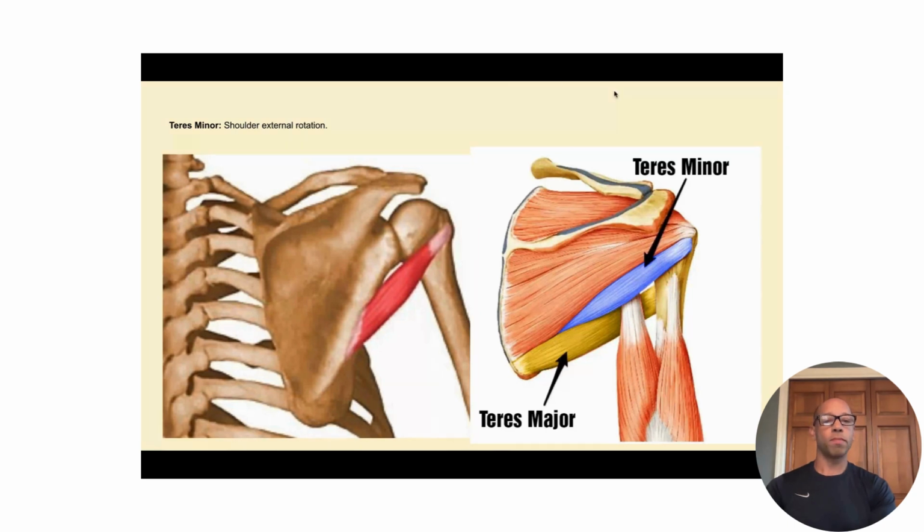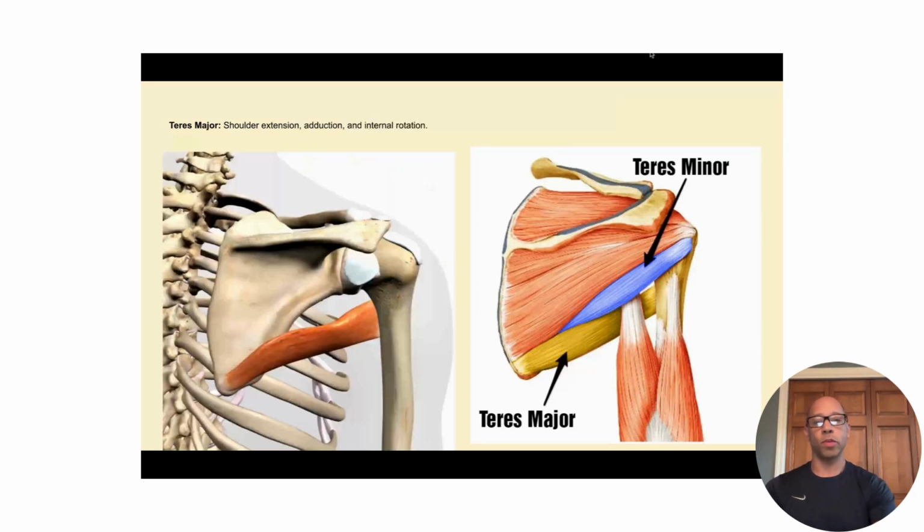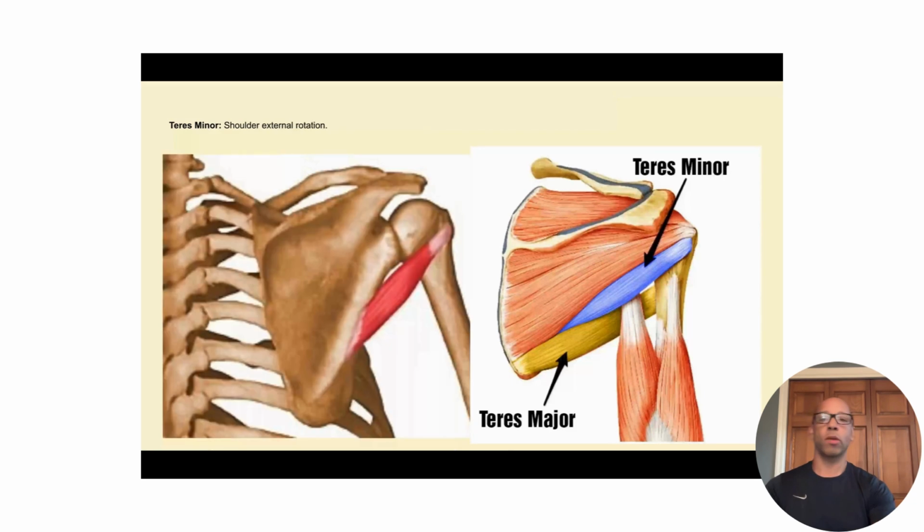And here's that teres minor. We just kind of flipped those. We started with the major, now we're talking about the minor. And the minor, again, does shoulder external rotation because it's attached to the back of the shoulder here. So it's going to be pulling on this little knob closer to the scapula, and the only thing it can do, because this rotates, is rotate it backward.